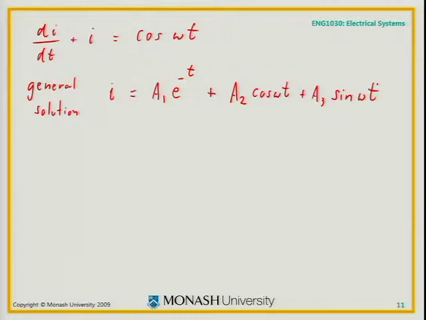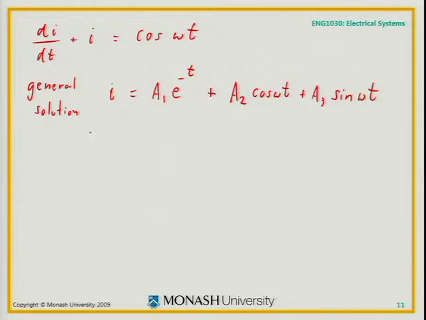So by taking a weighted combination of cos and sine, I can get a sinusoid with any amplitude and phase I want. And that's all I can get. That is the general solution. I need to solve for the constants A1, A2, and A3.